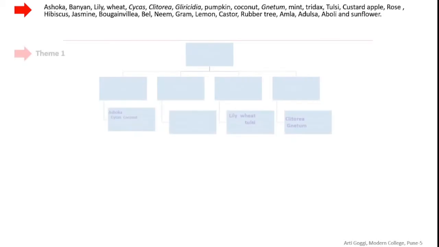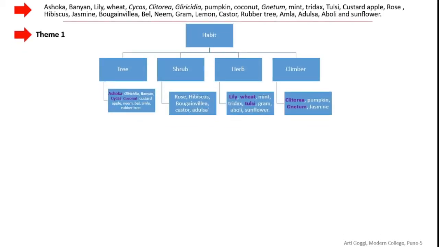Let us see what kind of grouping is possible. I will make groups of plants into herbs, shrubs, trees and climbers. Now look at the grouping.